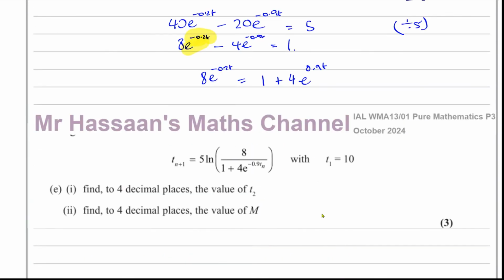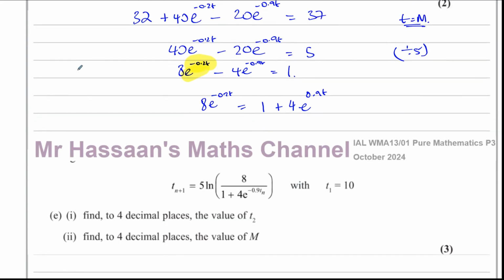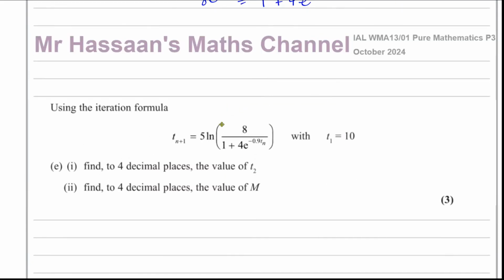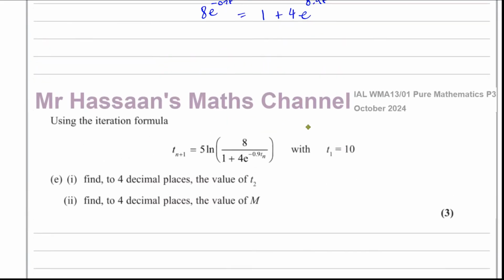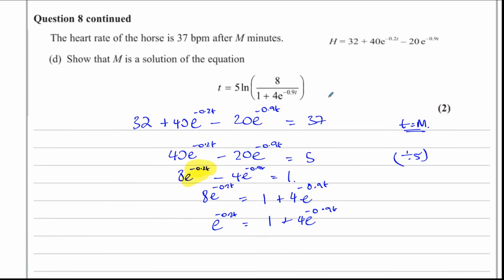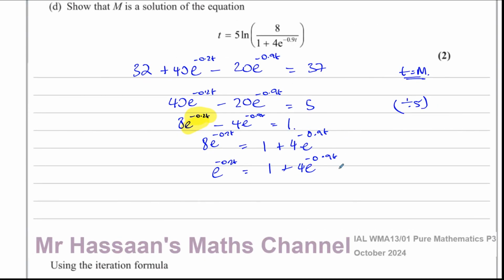Then I'm going to divide by 8, so e to the power of negative 0.2t is equal to 1 plus 4 e to the power of negative 0.9t, divided by 8. I forgot to write the negative there. Just divide both sides by 8.